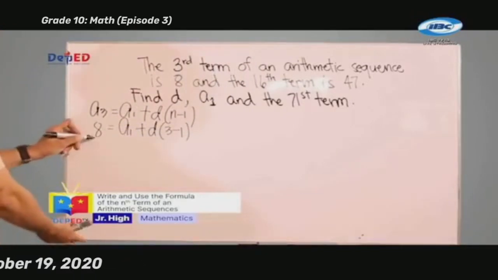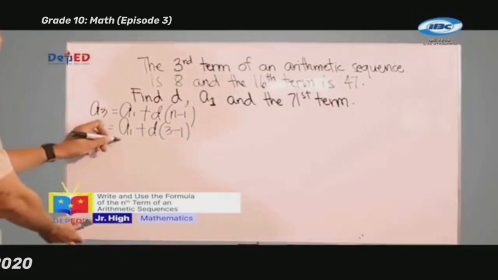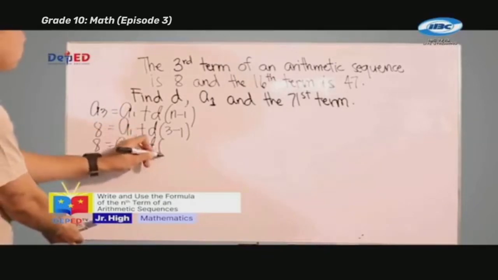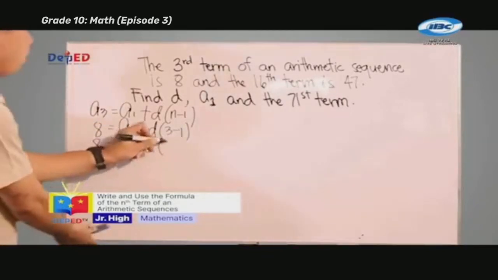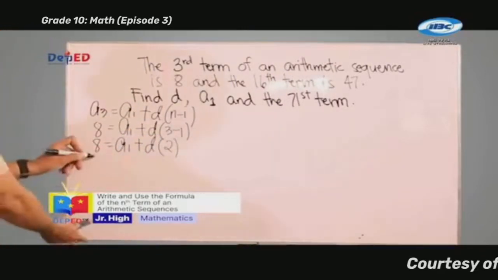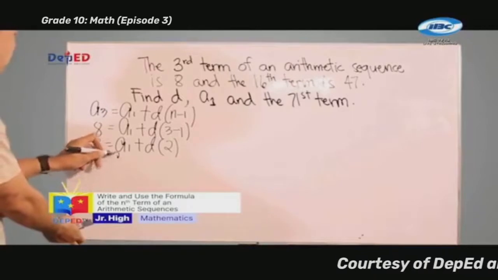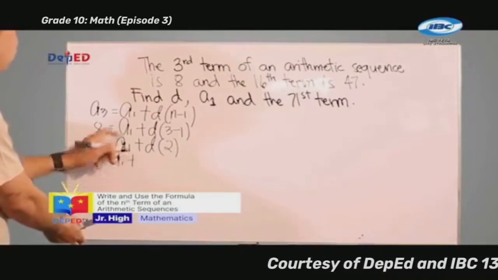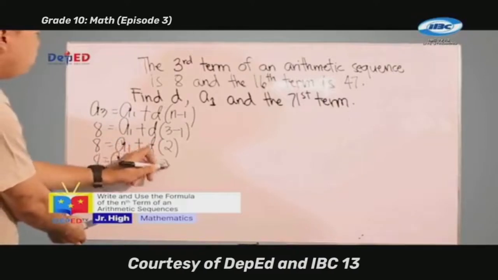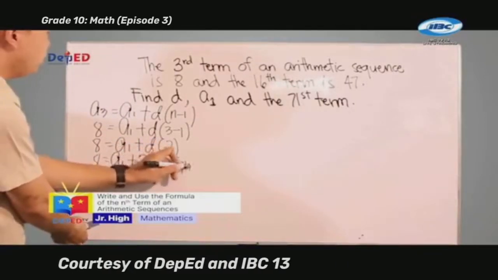Next, you have 8 is equal to a sub 1 plus d times 3 minus 1, that's 2. Then, you have 8 is equal to a sub 1 plus 2 times d, that's 2d. This will be our equation 1.